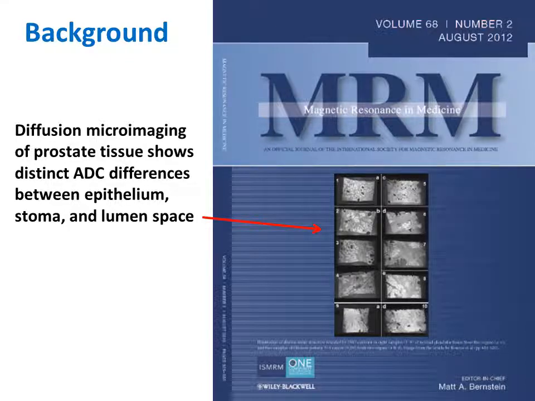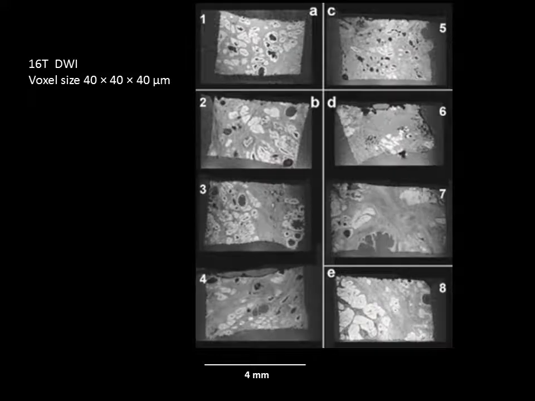So first of all, I'll give you a bit of background. From 2012 we did some very high resolution diffusion imaging of prostate tissue samples with 40 microns isotropic resolution, and we see some nice diffusion contrast in these diffusion microimages.